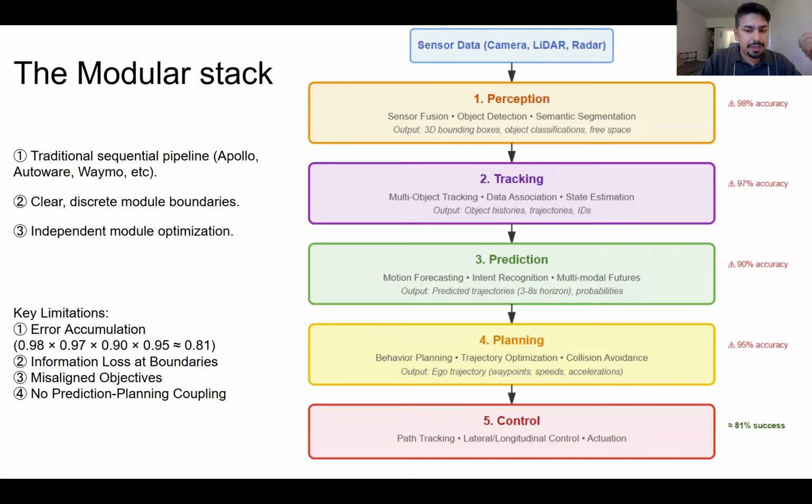Then you have some sort of behavior planning layer or motion planning layer after that. And then you have some optimization, and the output of that is smooth enough so that the controller can drive it. The controller itself will convert those waypoints, the speeds and the accelerations, into the steering and the throttle commands.